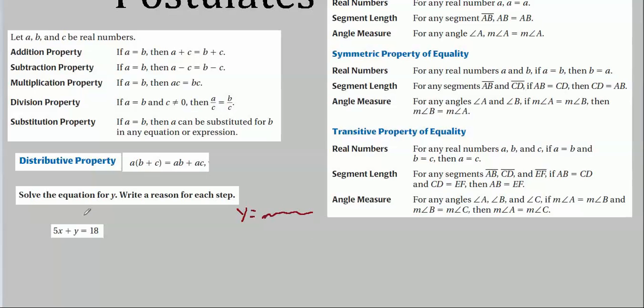Well, our addition property says we can add minus 5x. Yeah, I know they call it subtraction up there. But I'm going to say plus a minus 5x, just to make it clear I am using the addition property, not the subtraction property.